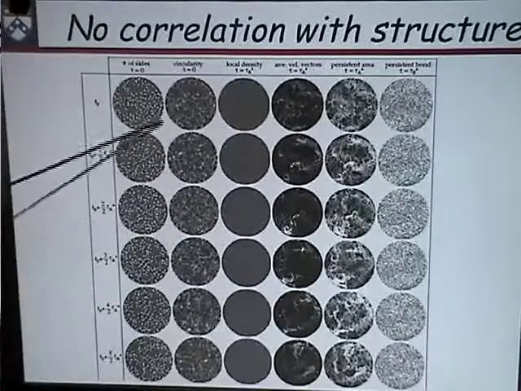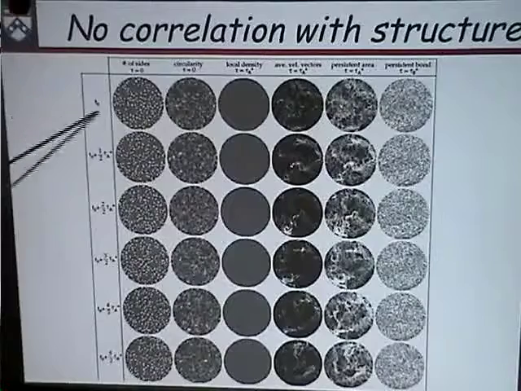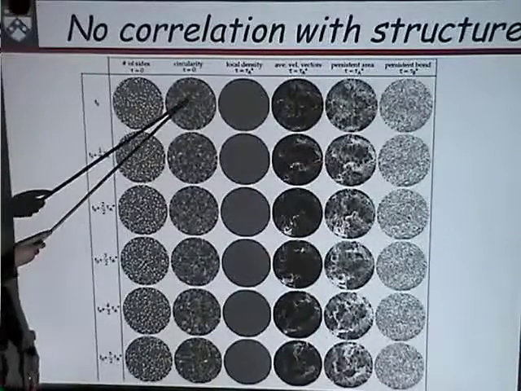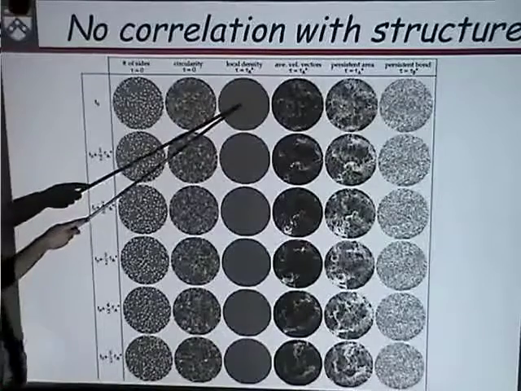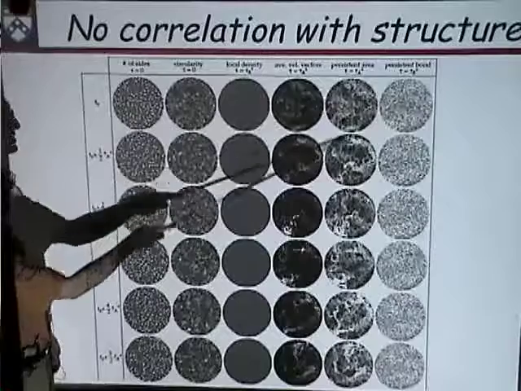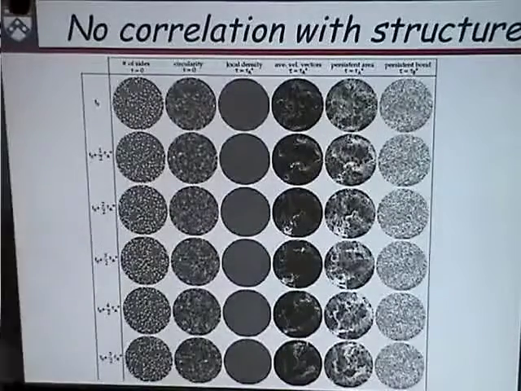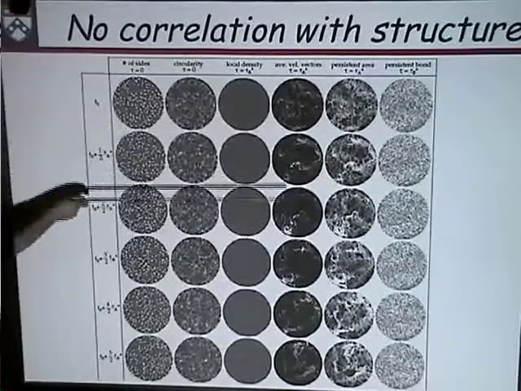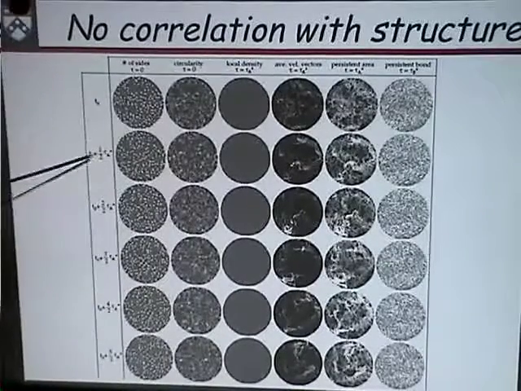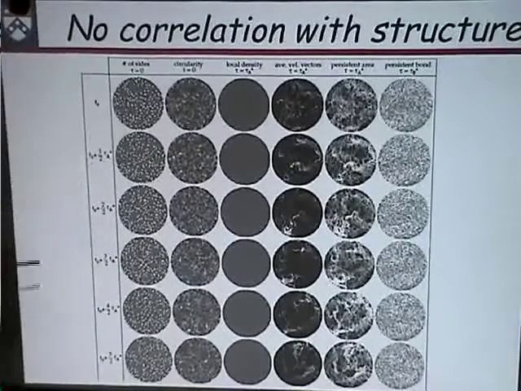So, right here are some measures of local structure, like the number of sides in the Voronoi construction, sort of how circular is a Voronoi cell, the local density, and so forth. And then here are pictures of the average velocity vectors, the persistent area, the persistent bond. And going down, time is advancing by half a relaxation time, half of tau star.